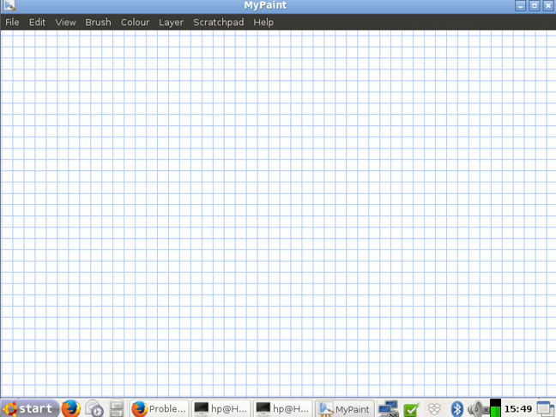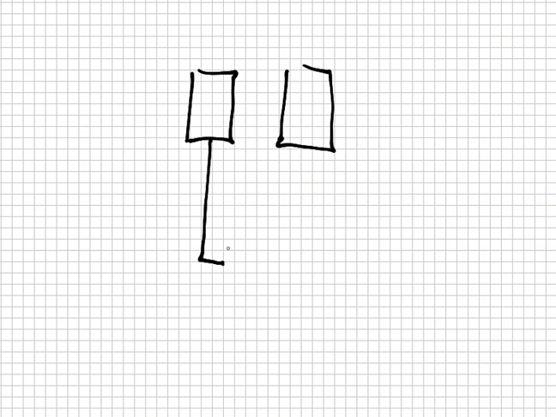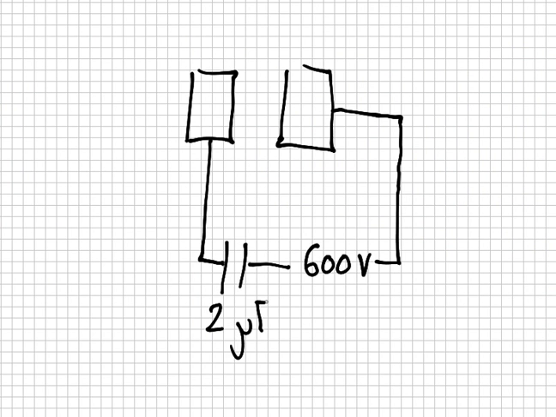I don't have the internet to show you a picture of it, so an example might be the person in the hospital. They have this here, and they connect it to a capacitor, and then to something quite large, 600 volts. This is 2 microfarads. Let's work out how much charge builds up.